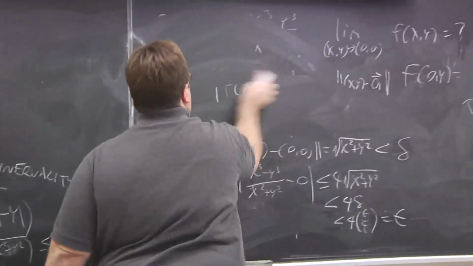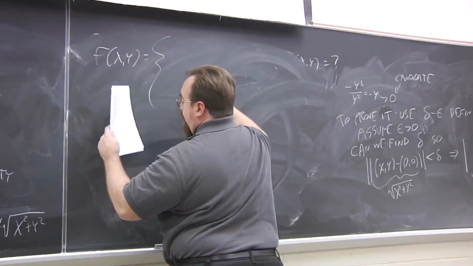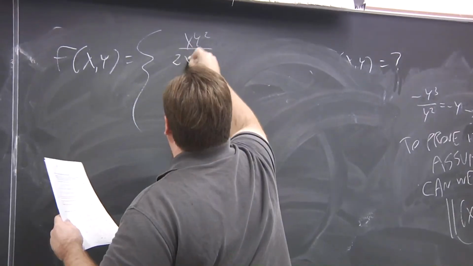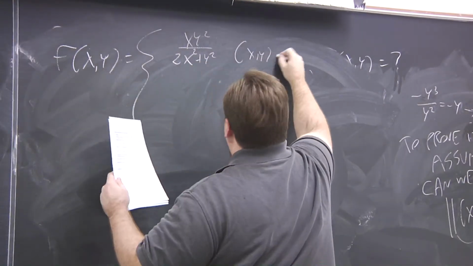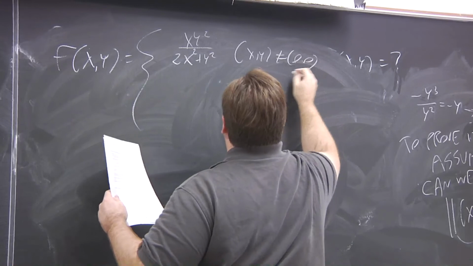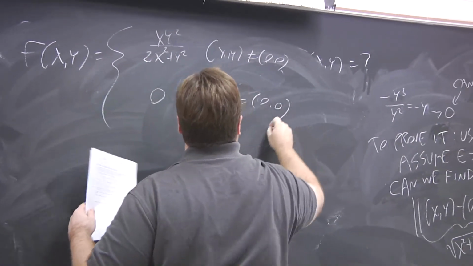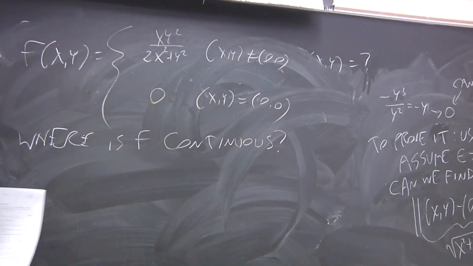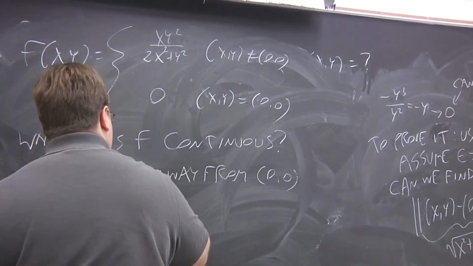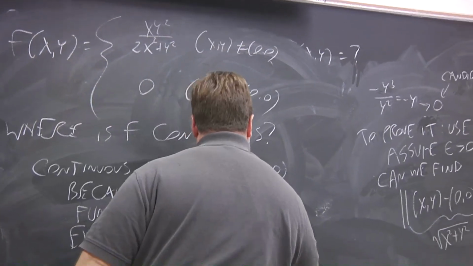Now, an example involving continuity. Suppose we have this function defined piecewise: x y squared over 2x squared plus y squared whenever (x, y) is not equal to (0, 0), and it's equal to 0 if (x, y) is equal to (0, 0). And the question is, where is f continuous? Now, it's definitely continuous everywhere except (0, 0), because f is a rational function that is defined everywhere except at (0, 0).